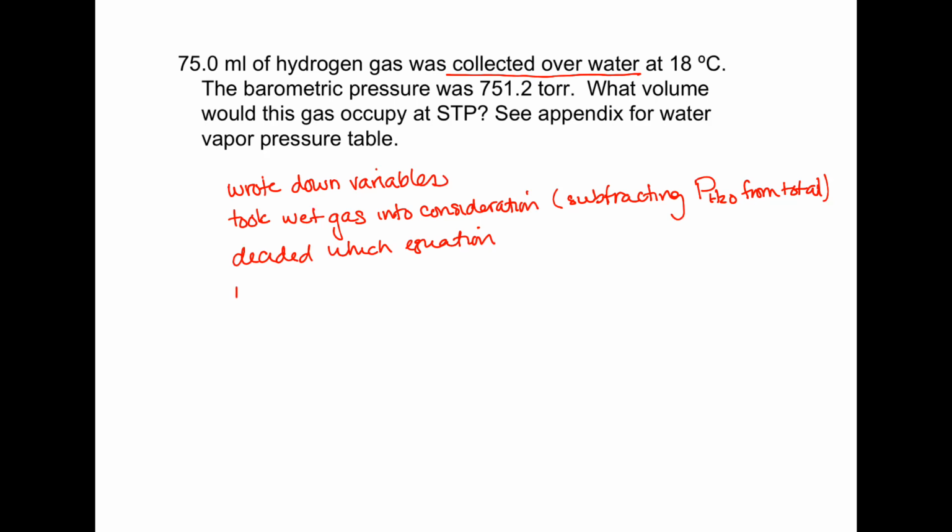We made sure that our units worked. And then we solved just by putting our variables into the equation that we had decided on. I want to put an exclamation because the solve part always feels very satisfying.